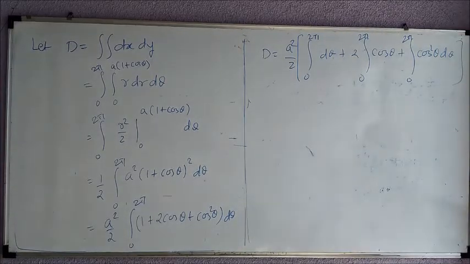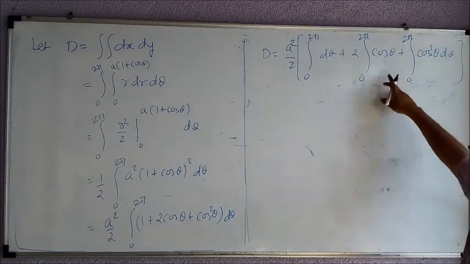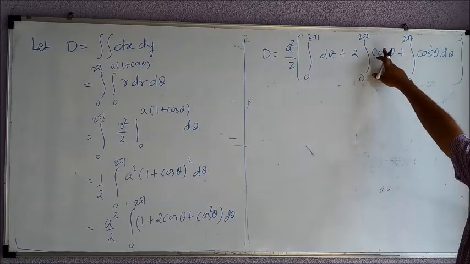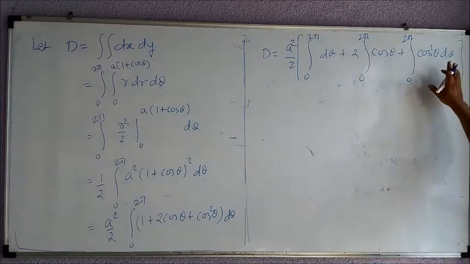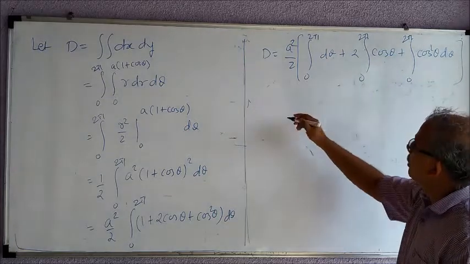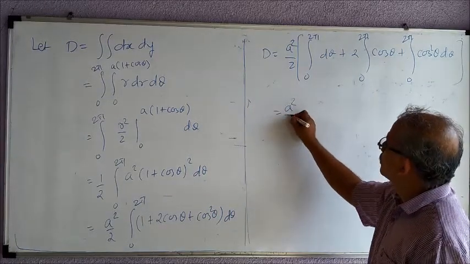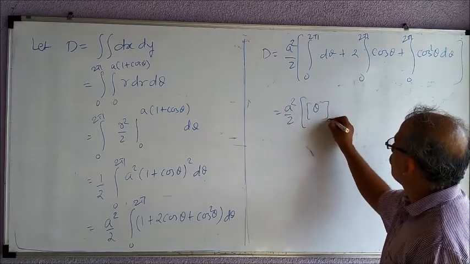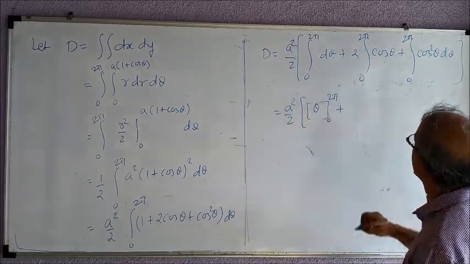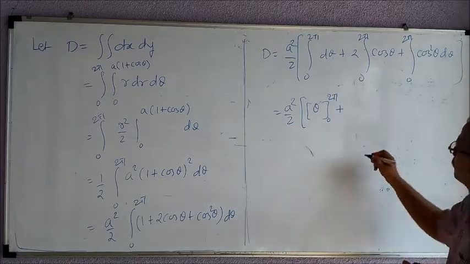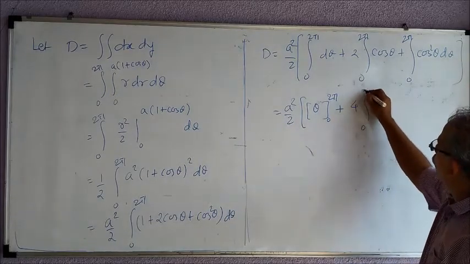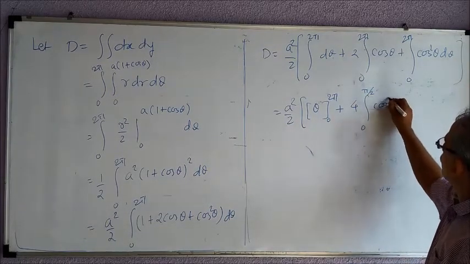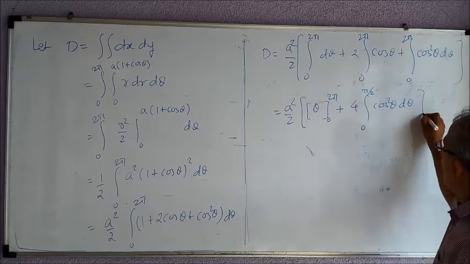Now using the previous observation, the cos theta term will be 0 because of odd power, but the other two are going to be there. So this is further a square by 2 into theta running from 0 to 2 pi, plus 4 times integral 0 to pi by 2 cos square theta d theta.